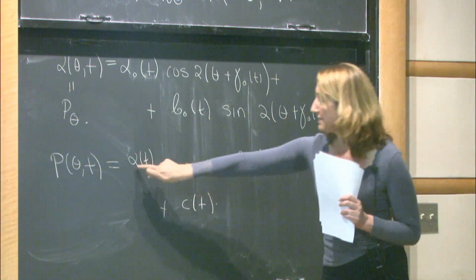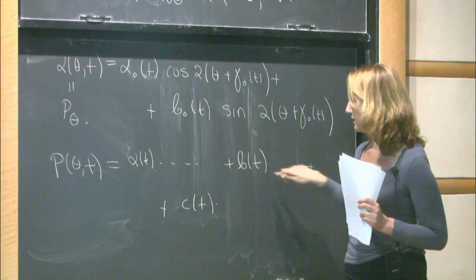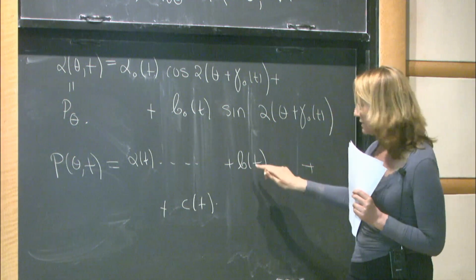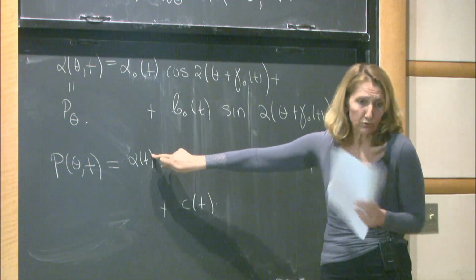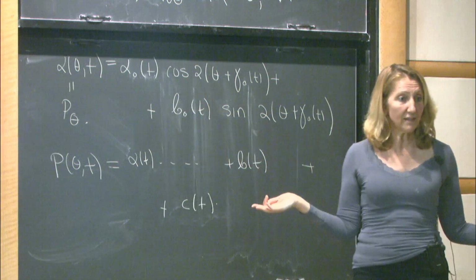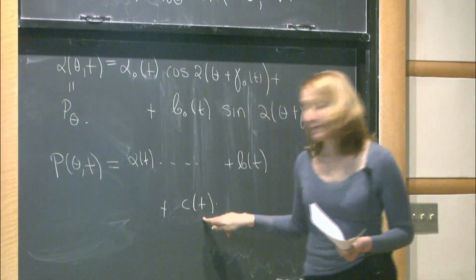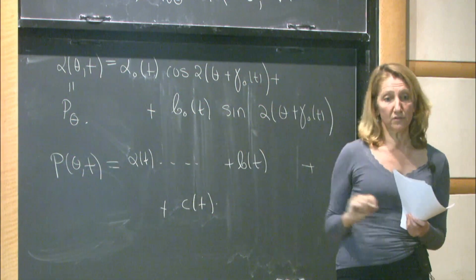And if this alpha and beta are identically equal to 0, then this means that I have only p of theta t is c of t, so I recover the circles.